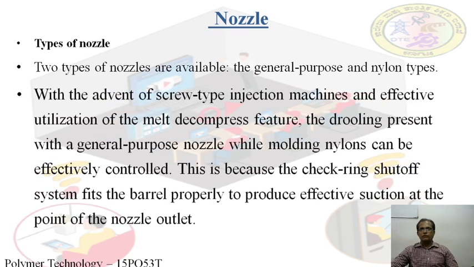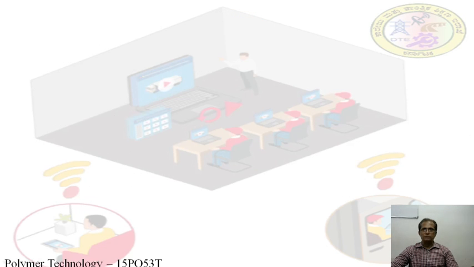With the advent of screw type injection machines, effective utilization of the melt decompression feature allows the drooling present with the general purpose nozzle, while molding nylons, to be effectively controlled. This is because the check ring shutoff system fits the barrel properly to produce effective suction at the point of nozzle outlet.